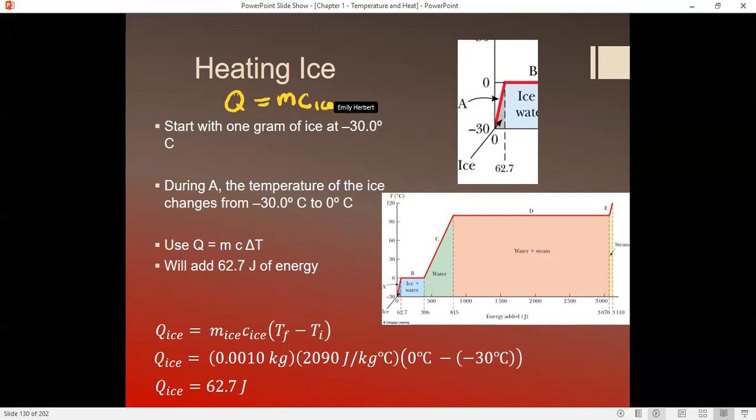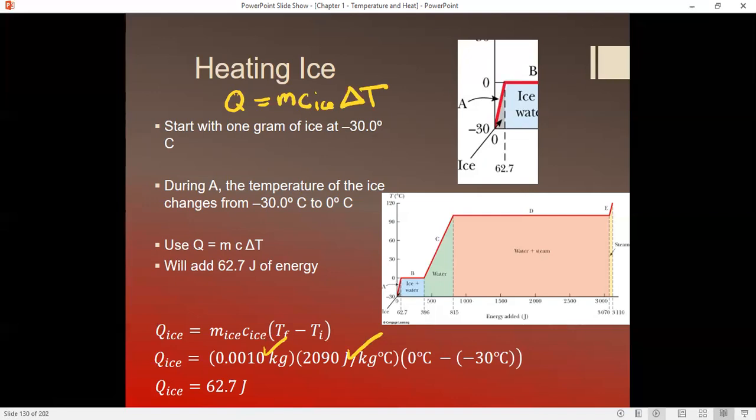So if I want to take ice at negative 30 degrees Celsius and heat it up to its melting point at 0, I have to use the specific heat of ice, and the change in temperature from negative 30 to 0 is plus 30, okay? Here's 1 gram, here's the specific heat of ice. Notice it's much less than that of liquid water.